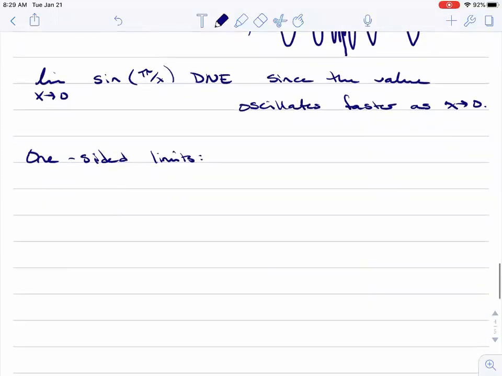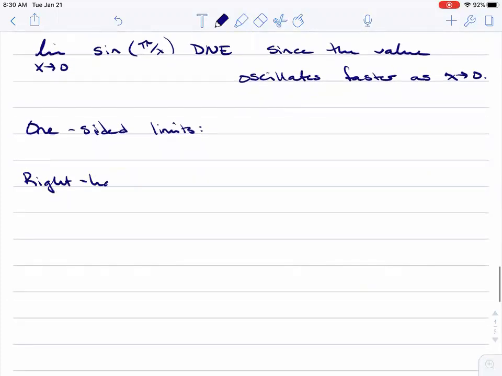And so what we do is we can find the right-hand limit. The right-hand limit is when x goes to a, and then we denote the right-hand side, or the positive side, with a little superscript plus.